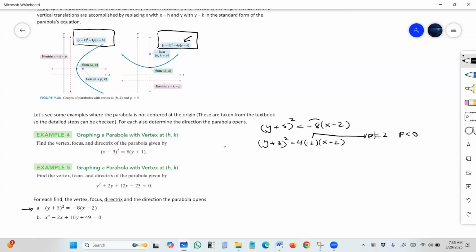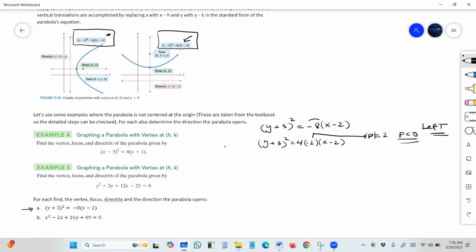So this is the parabola that I have, a y squared. So take a look up here. This is the case that I have. It's either going to open right or left. And because p is negative, this parabola is going to open left. Okay.